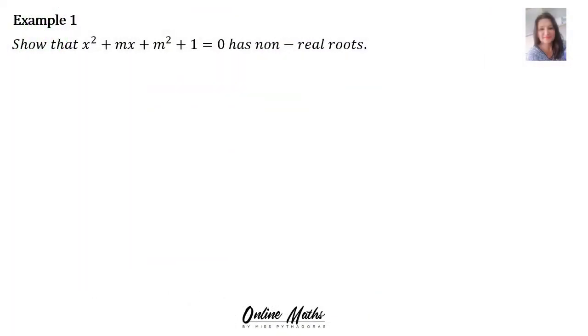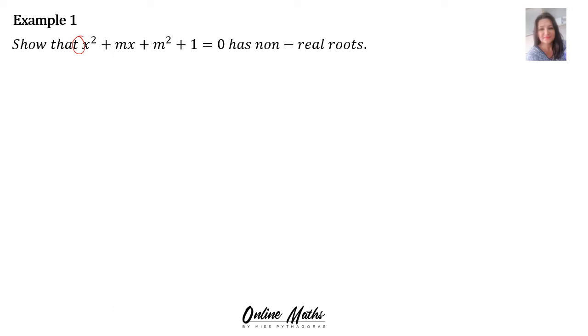Example 1. Show that x squared plus mx plus m squared plus 1 is equal to 0 has non-real roots. First of all, you need to check that your equation is indeed in standard form, and then we're going to allocate values for a, b, and c. Now, a's value is the coefficient of x squared.